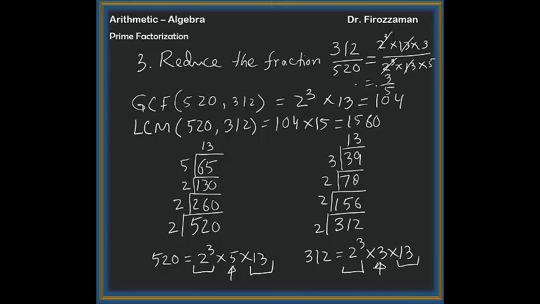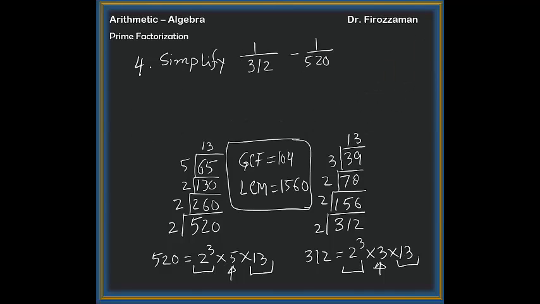We'll go to example number 4. Now we have question number 4. In this we want to subtract one fraction from the other. So to do this one, usually we look for the LCM, but I will do this one in terms of GCF. So first of all, you see the GCF of 312 is 104.